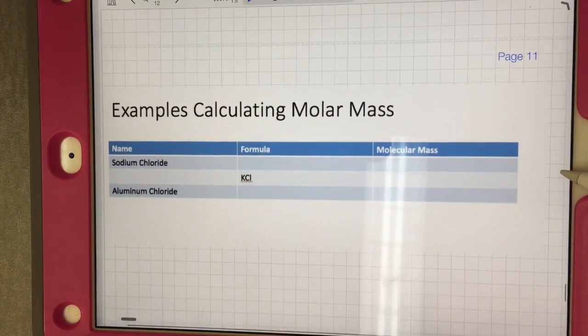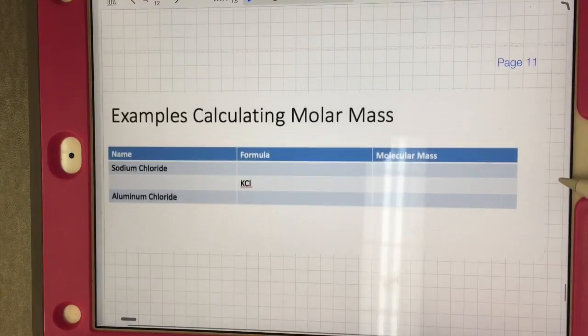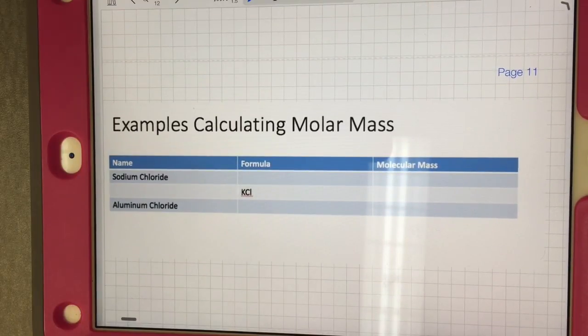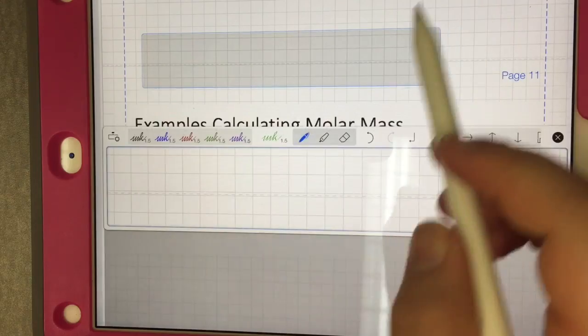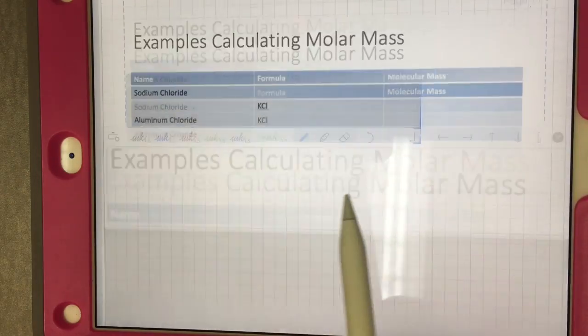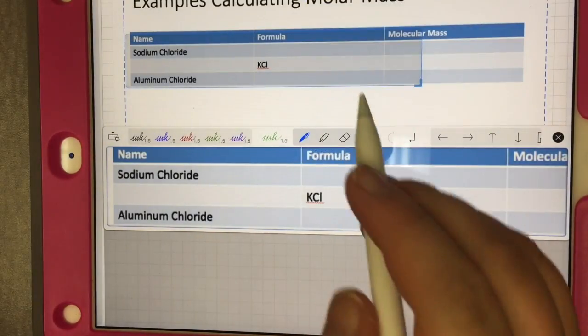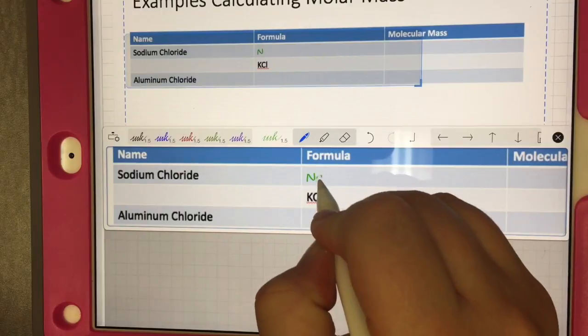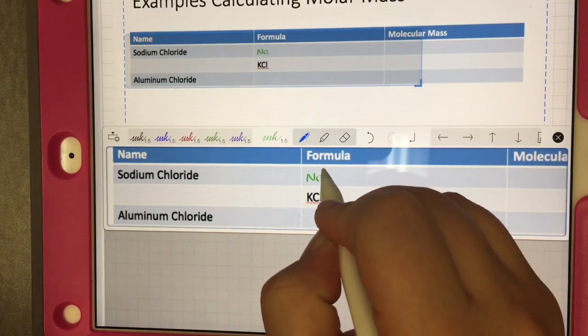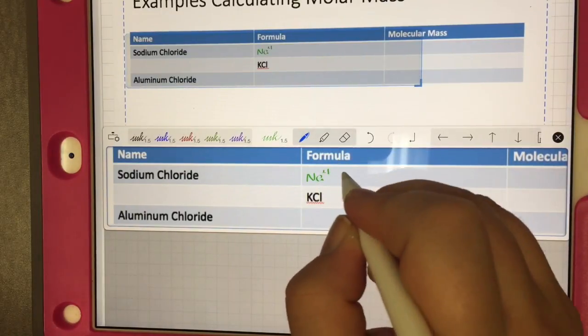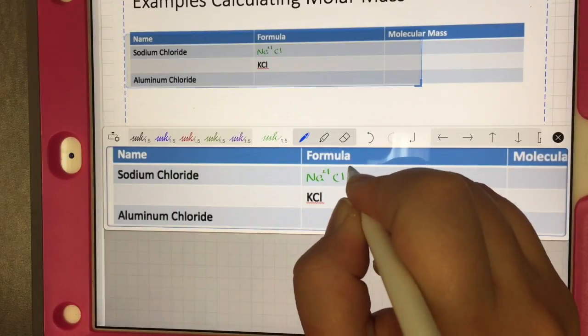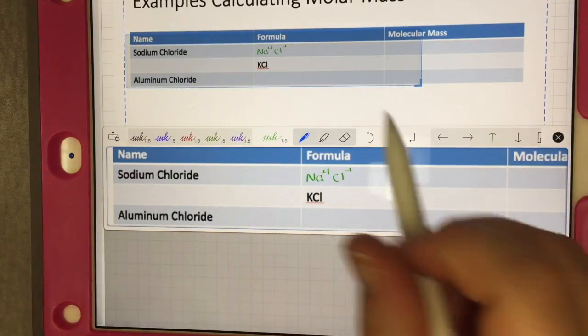And so we're just going to do a few more examples to wrap up. So sodium chloride. So we have to figure out what the formula is for this. So with sodium, that charge is +1. Chlorine, it's -1. So they're going to equal up to 0, so it's just NaCl.